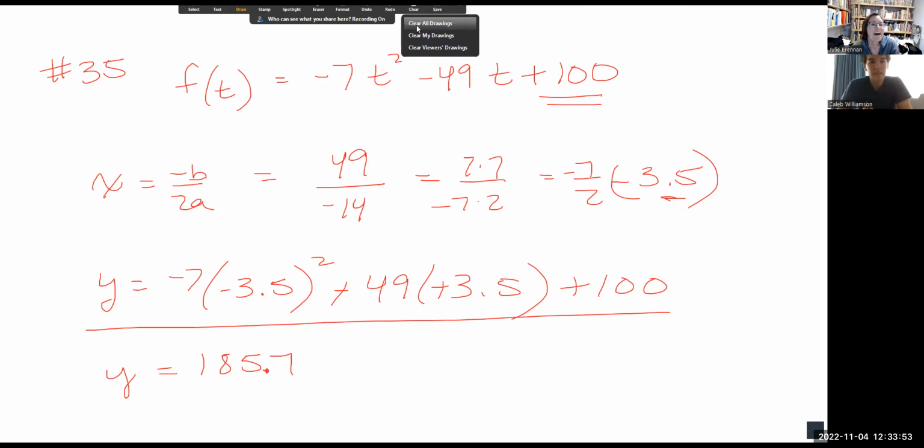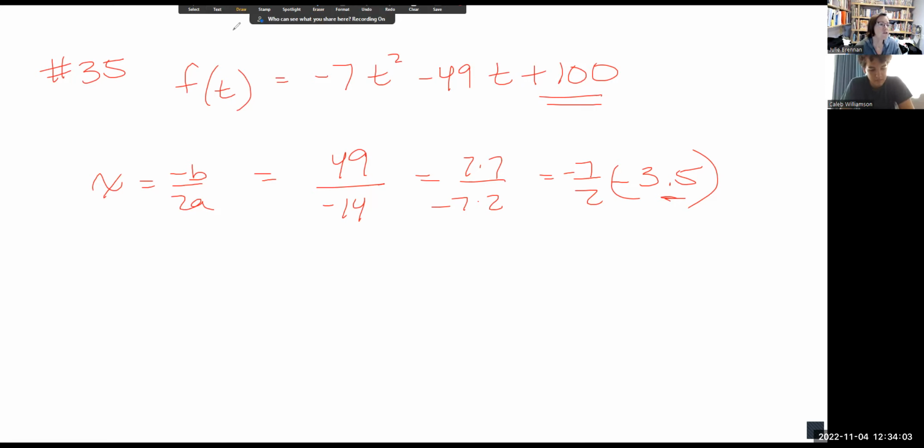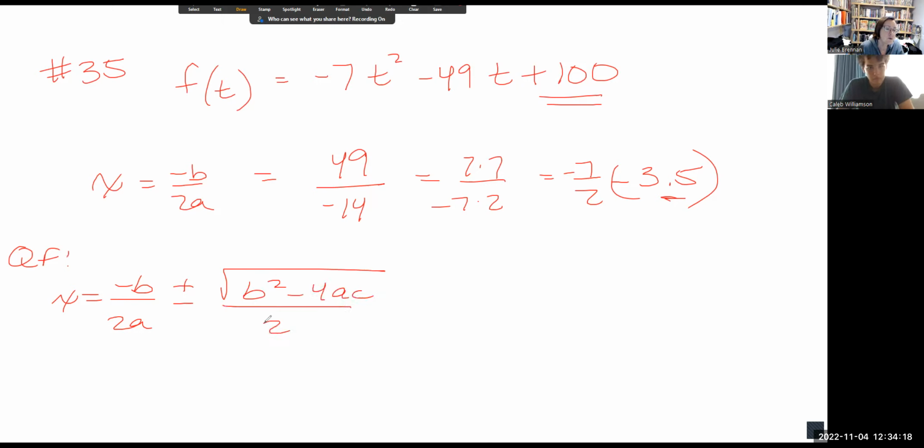Now, there is this weird property that you don't actually see very often in books, but it is kind of nice to remember. Remember, if you know the quadratic formula, it says x equals negative b, over 2a, plus or minus the square root of b squared minus 4ac over 2a.